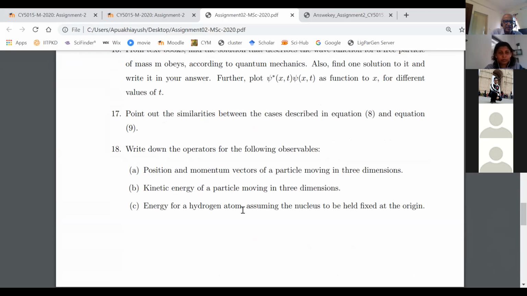I should have said point out the similarities between the quantum mechanical expression for the path integral and perhaps an expression for the drunken walker. I will consider this question as deleted, and I will perhaps put a similar question later on. So we can include this question in assignment 3.